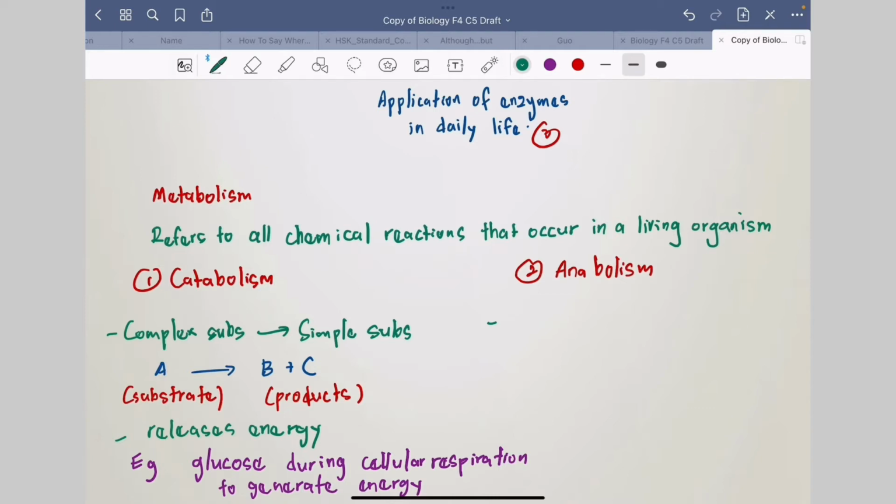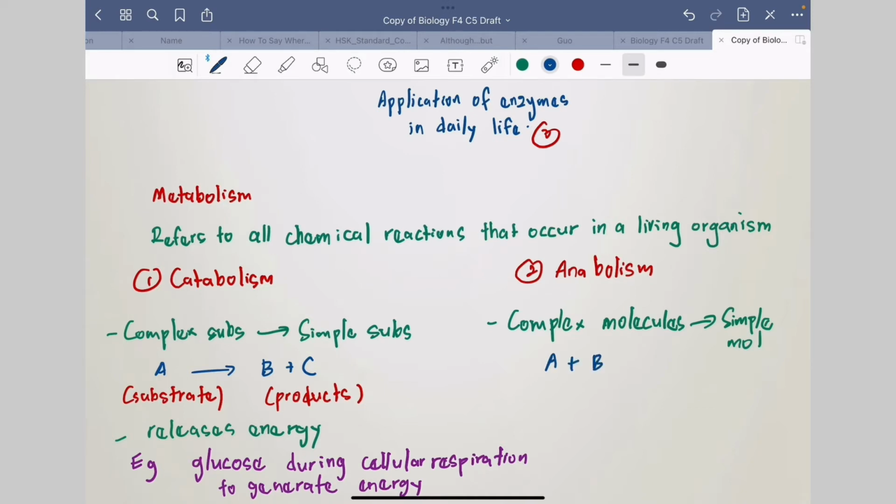And then the equation is reversed compared to catabolism.